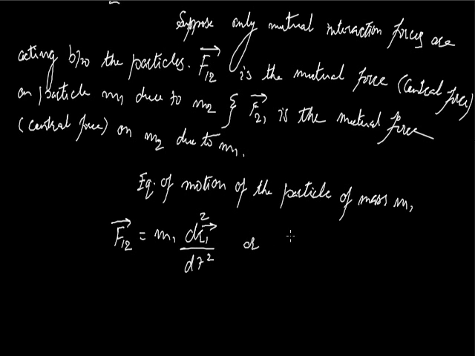Or d square r1 upon dt square is equal to F12 upon M1. This will be the acceleration in terms of force and mass.